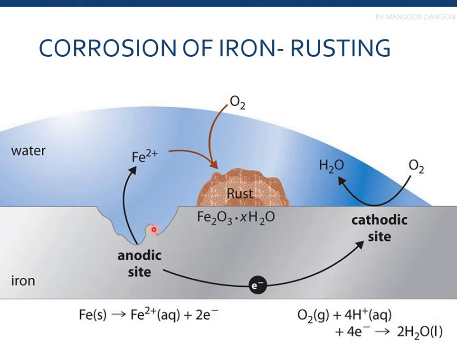You can see that the corrosion product, which is rust over here, would always be formed at the anode, because at the anode there is always oxidation, and the metals are being oxidized at the anode to form the corrosion product.